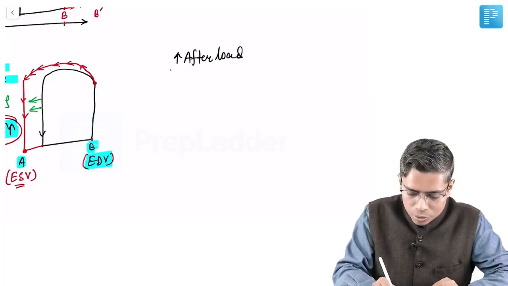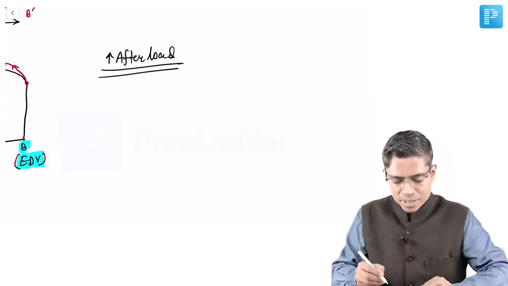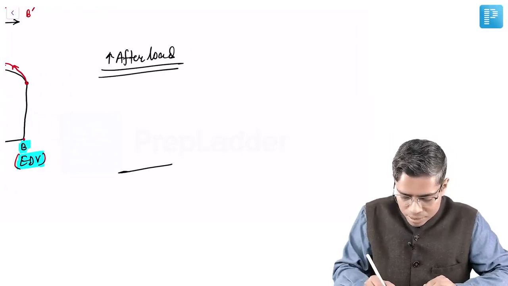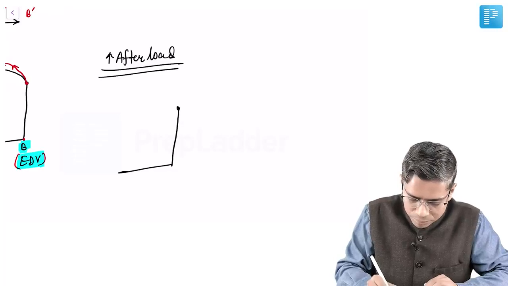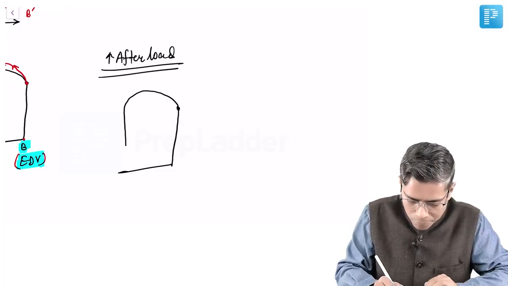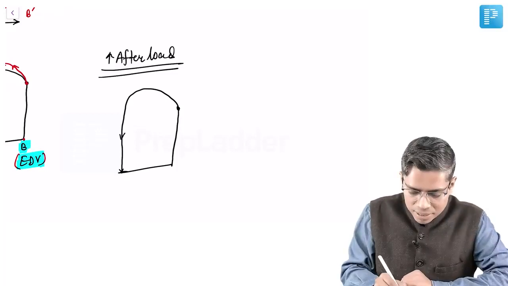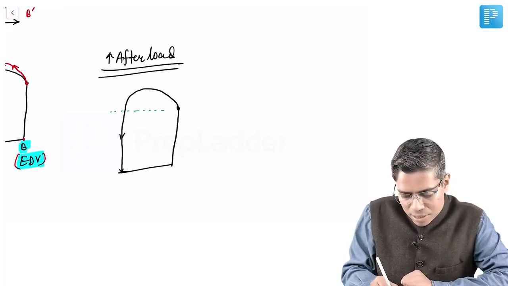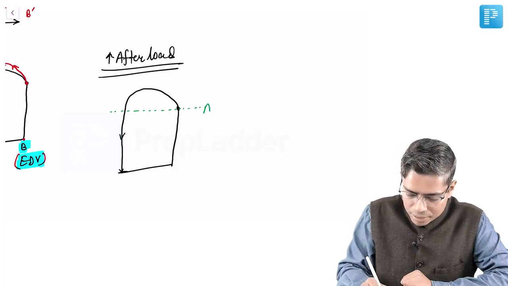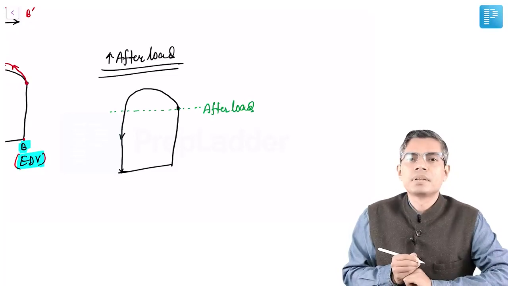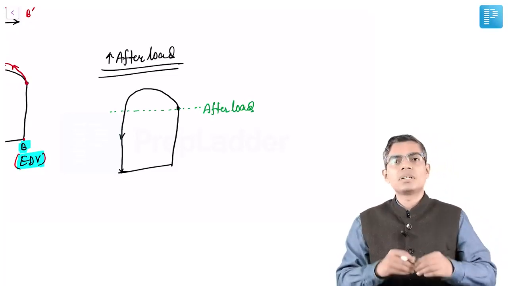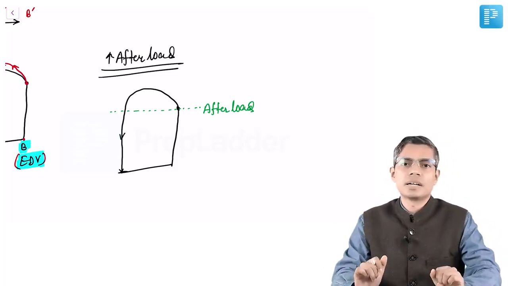Now look at increase in afterload. We have seen increased preload and increased contractility, now increased afterload. This is the normal curve, right? In this normal curve, I told you that ejection will start from this point, and this is nothing but the afterload line. Whenever the ventricular pressure is more than the aortic pressure, ejection will start from that point.